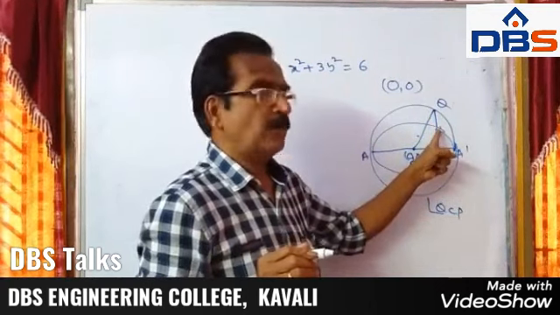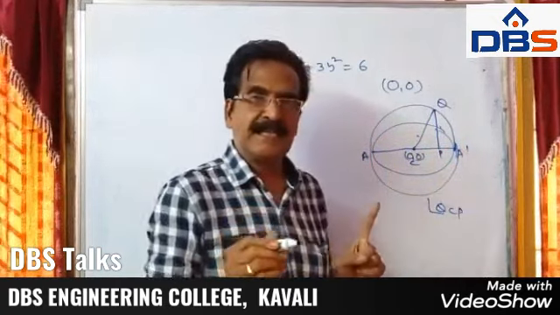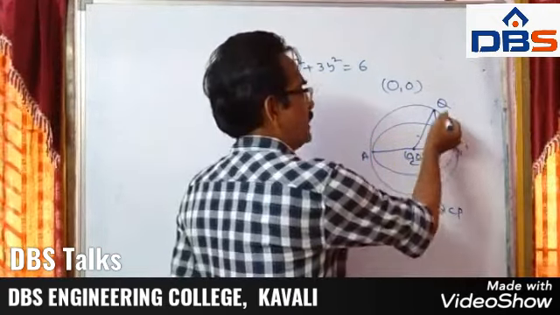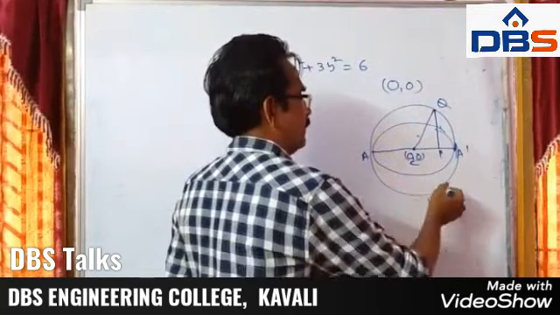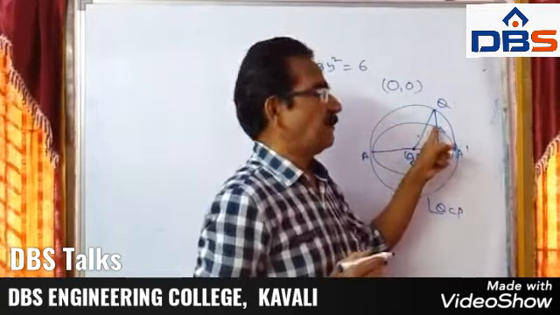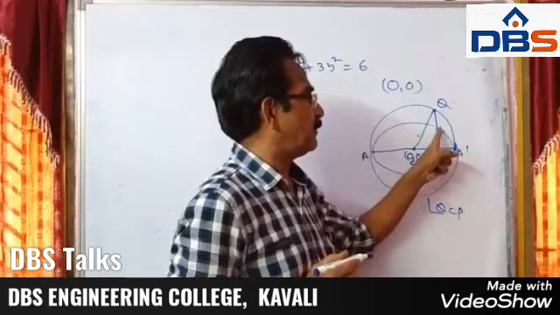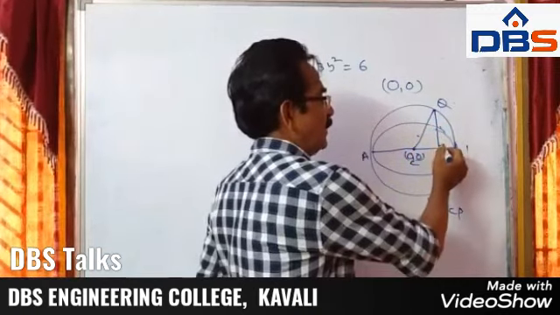Taking A dash as the diameter, we described a circle, and through this point a perpendicular is drawn onto the axis.